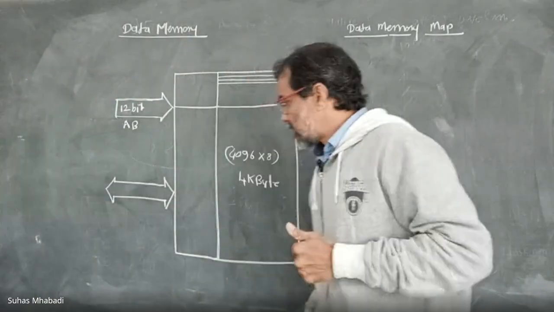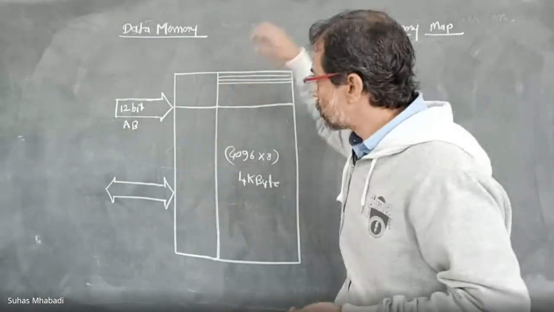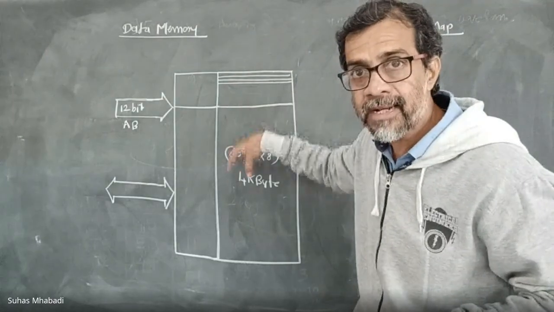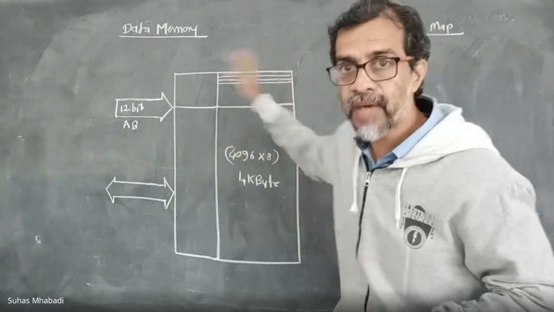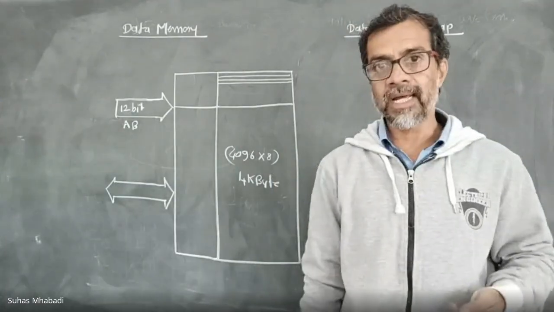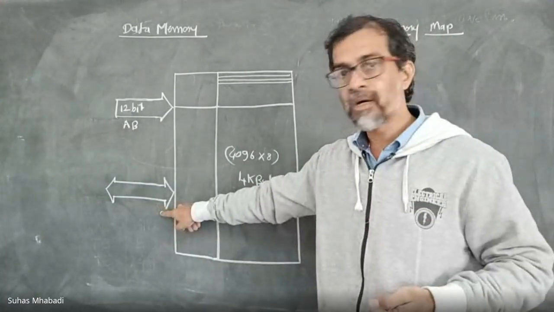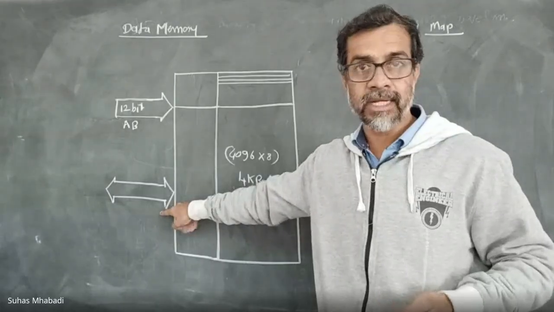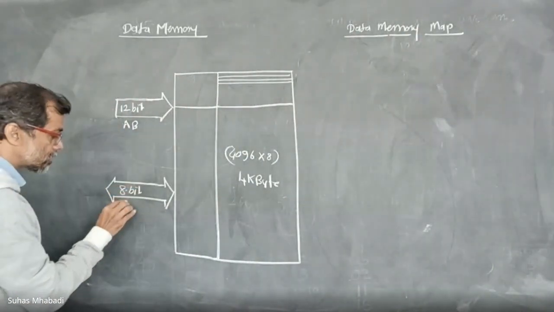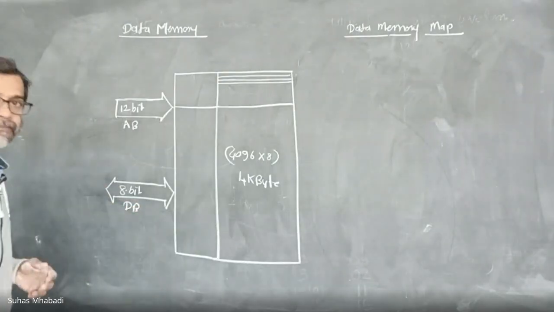And to save the data in the respective register and to fetch the data by the controller, we require a bunch of 8 lines. That is, the data bus is of 8 bit.